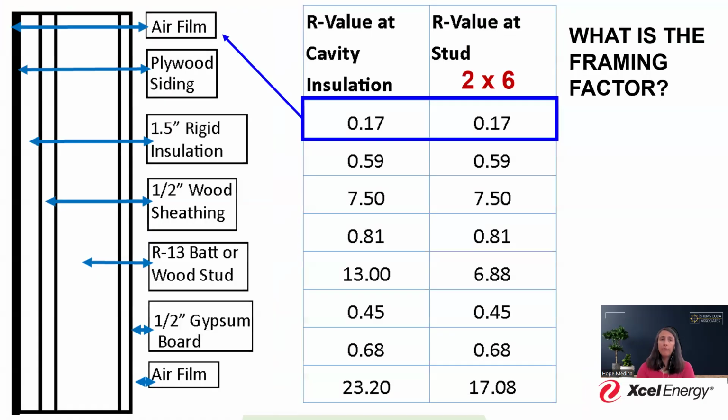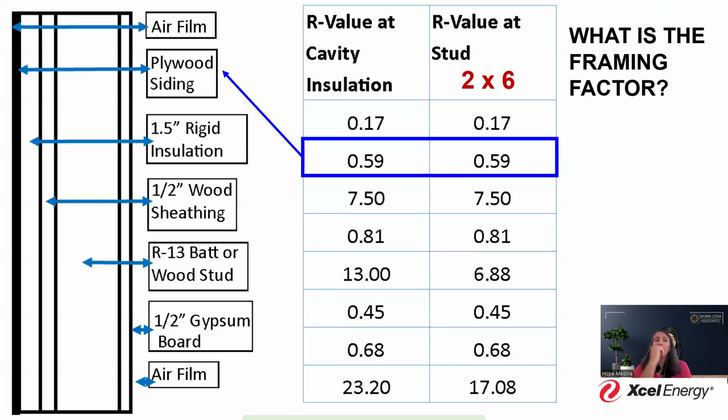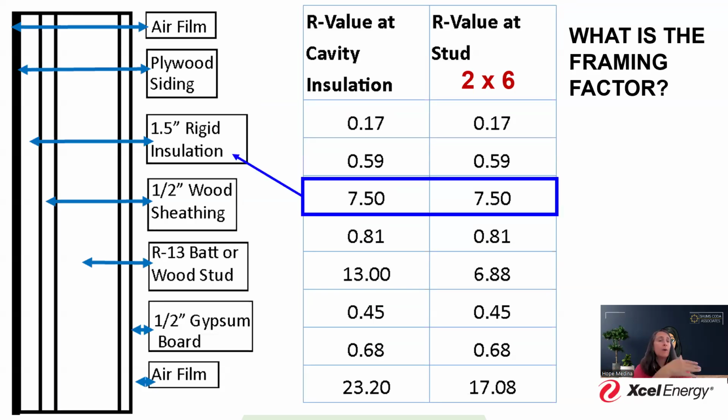So if we look at this, we see our air film in a 2x6 wall. Air film is 0.17. Our siding is going to give us 0.59. We've got our 1.5 inch rigid, which gives us 7.5.